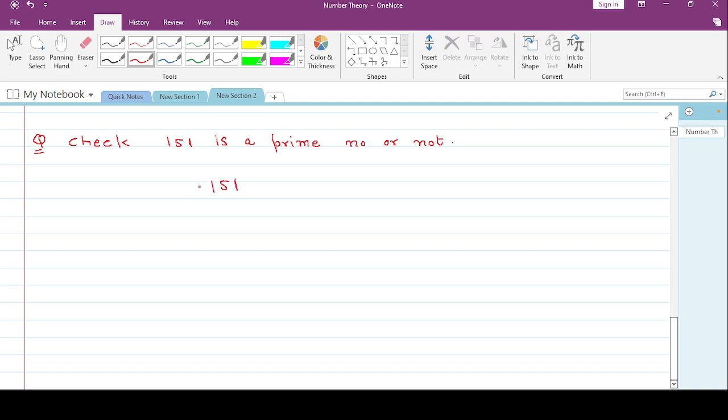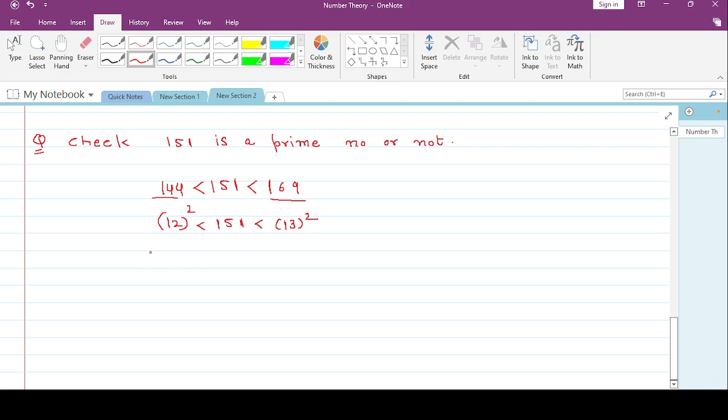Now find two numbers which are perfect squares, and this number 151 lies between them. So 144 and 169. These numbers are perfect squares. 144 can be written as 12 square, and here it is 151, and this can be written as 13 square.